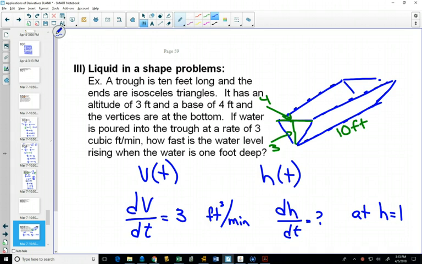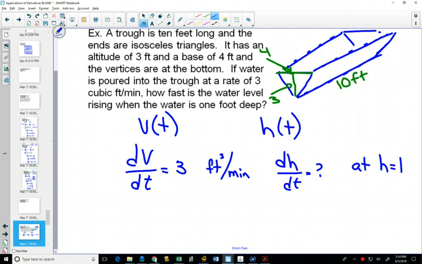Base times height divided by 2, times the length. And our length is constant here. Our length is always 10 feet. So our volume, yes, the base is changing too. So our volume is our triangle, base times height, divided by 2, times the length of our trough, which happens to be 10.